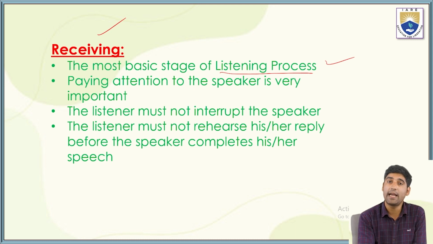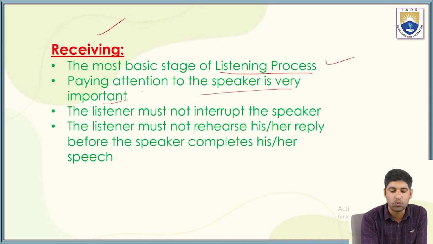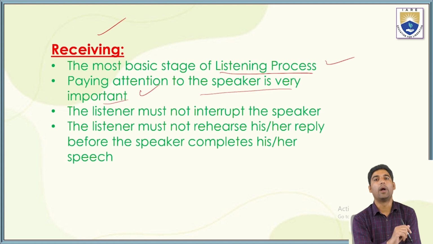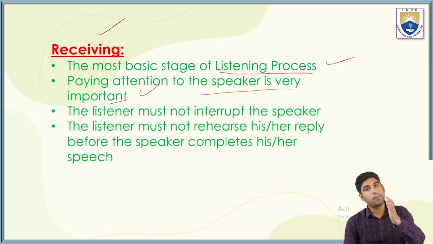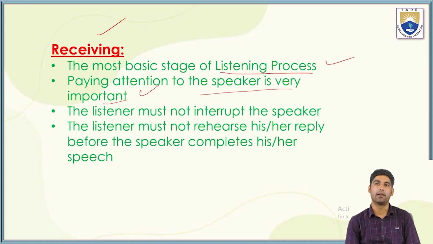What should an effective listener do at this stage? Paying attention to the speaker is very important. When we receive information from the speaker, it is better to pay more attention to the speaker and to his or her message which he or she is sharing with us.